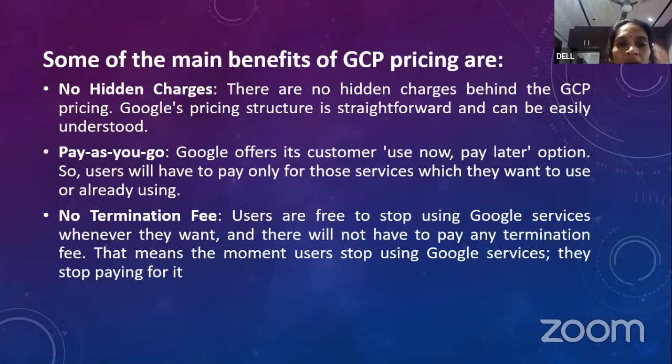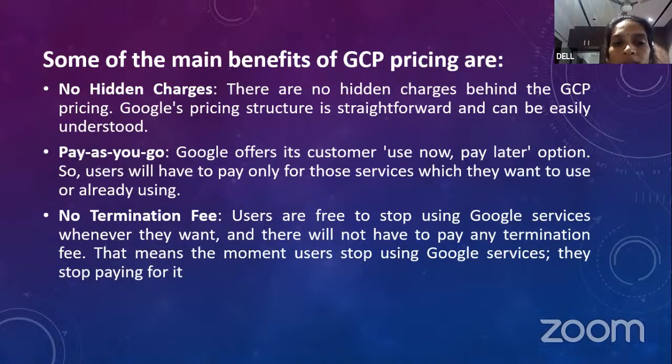If we are continuously subscribed to any other cloud, like Azure, there are some hidden charges. They don't mention anything about the prices, but it continuously costs for our services. In Google, there are no hidden charges. Whatever we use, we pay for that only.